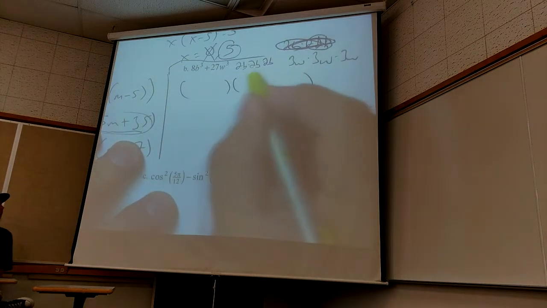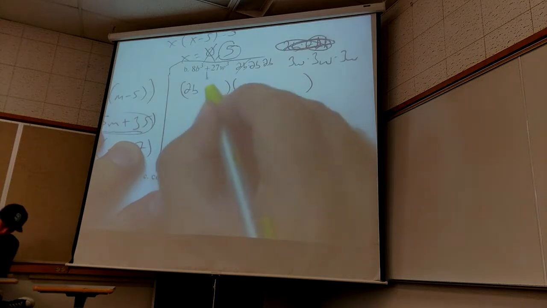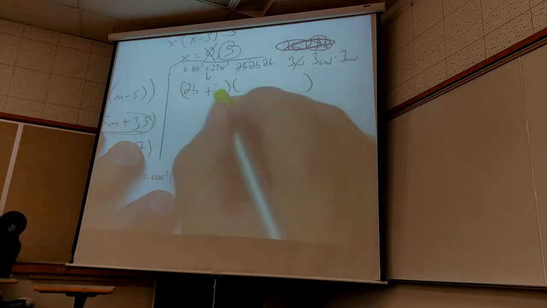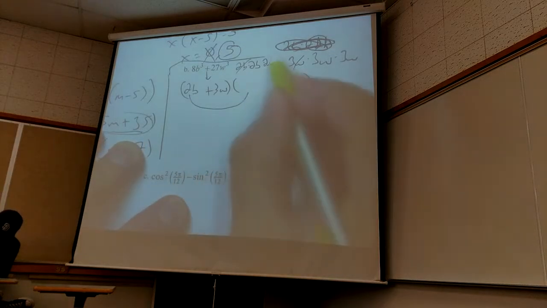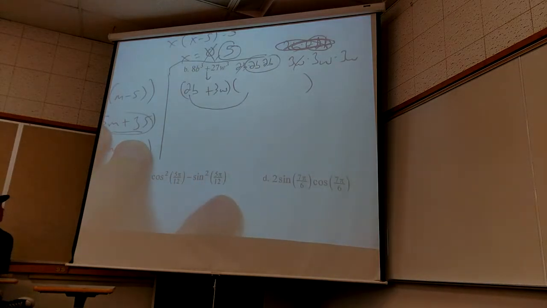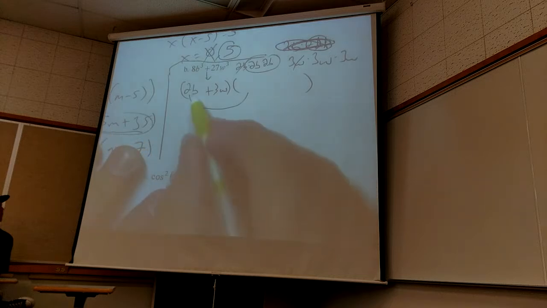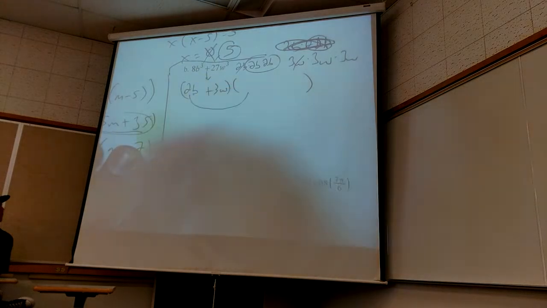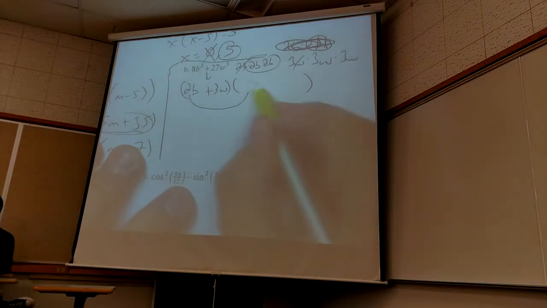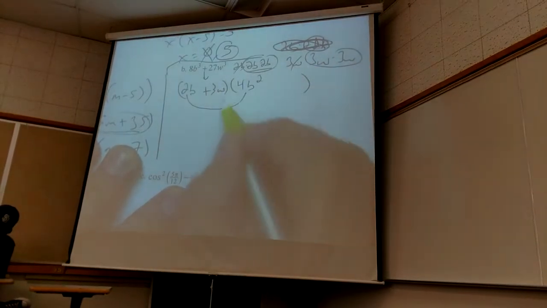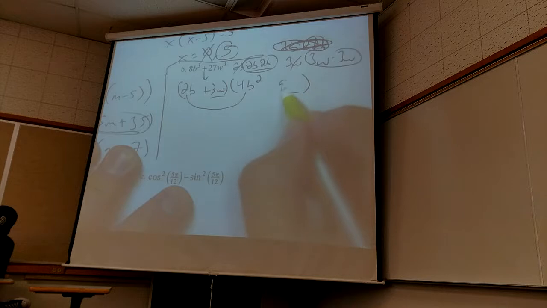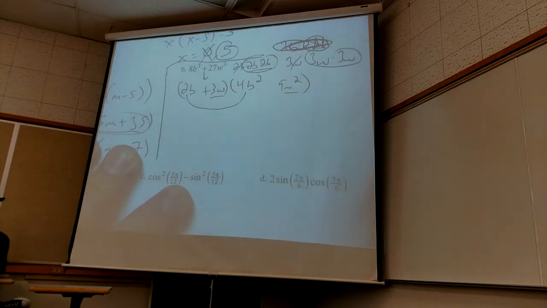So then in the little dude goes 2b plus 3w, which means the only way I can make 8b cubed is if I put the other 2 there. So 1 of these, 2 of these make 3 of it all. So what goes here? 4b squared. What goes at the end? 9w squared.